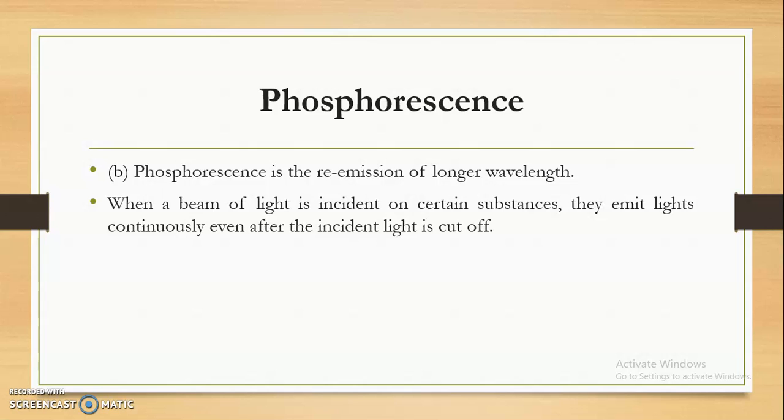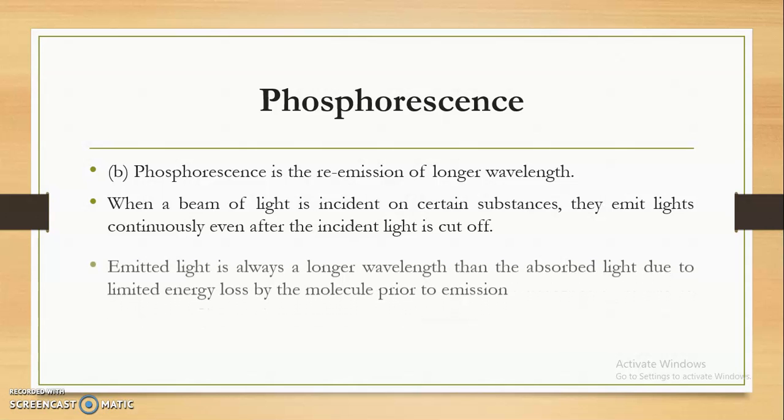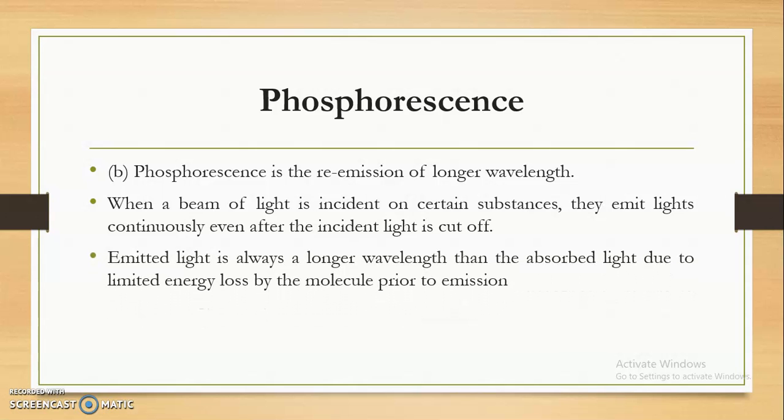In fluorescence, the emission of light stops as soon as we cut off the light, but in phosphorescence, the light is continuously emitted after the incident light is cut off. Emitted light always has a longer wavelength than the absorbed light due to limited energy loss by the molecule prior to the emission.